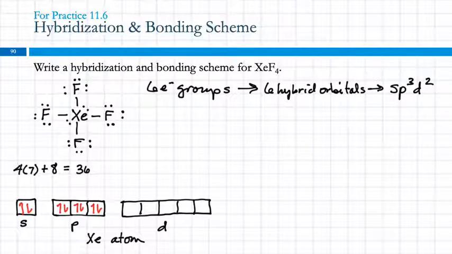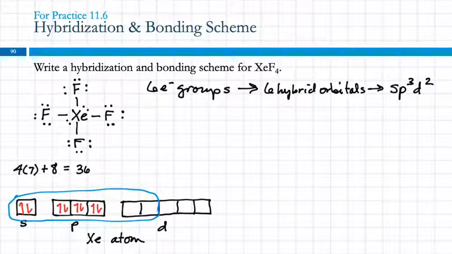When I hybridize, I need 6, right? So I'm going to stick all 6 of those beds together in one room. I'm going to make all of these orbitals equivalent, degenerate. So for the hybrid orbitals, I'm going to draw 6 boxes.